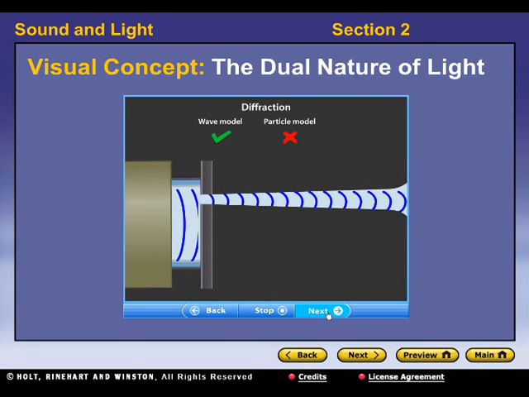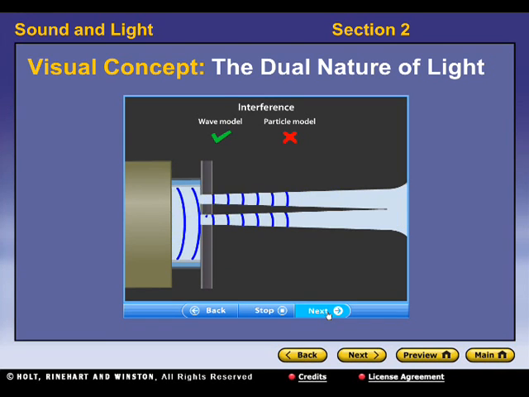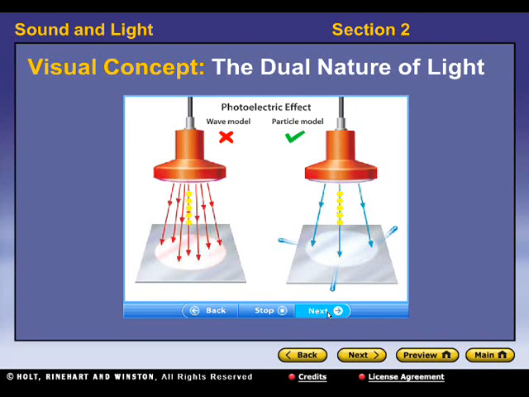Like sound and other types of waves, light diffracts or bends when it comes to an opening that is the same size or smaller than its wavelength. In addition, light experiences constructive and destructive interference, a phenomenon unique to waves. Yet wave behavior does not explain why light above a certain frequency is able to excite electrons in a piece of metal.